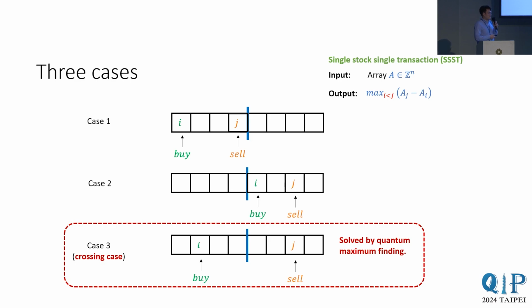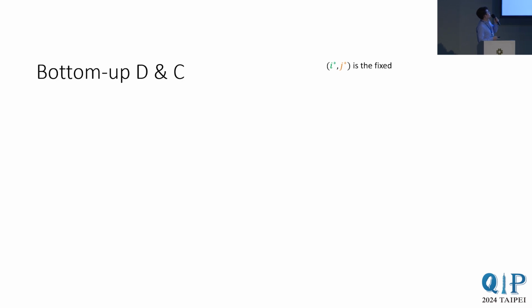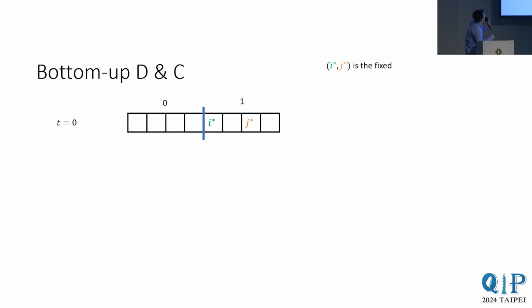Actually, it's very interesting. It's always what we are looking for, because only in this case can we solve the problem by quantum maximum finding; for other cases we only do the divide. Now consider a given instance, where the optimal output i star, j star is fixed.